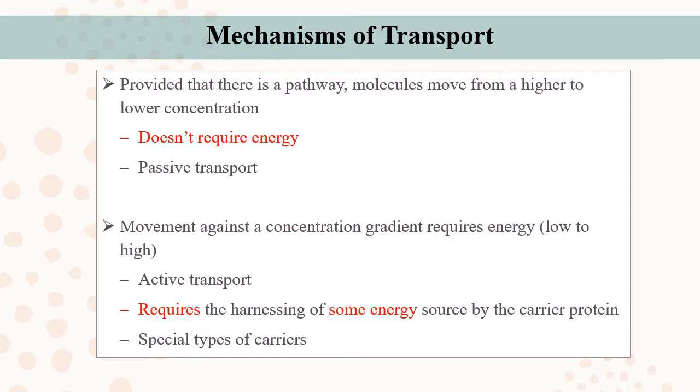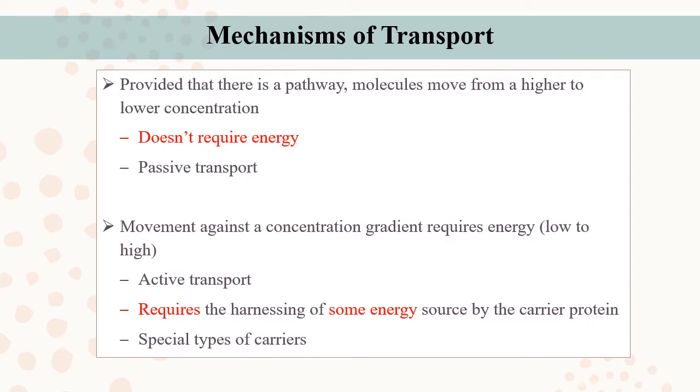In that case, it does not require any energy, and this is known as passive transport. Whereas in some cases, a molecule has to move against a concentration gradient, from lower to higher concentration, which requires energy, and in that case the transport is known as active transport.